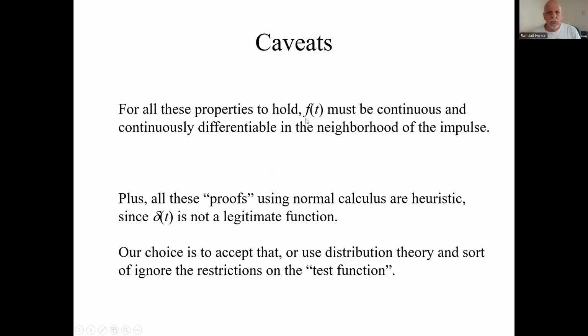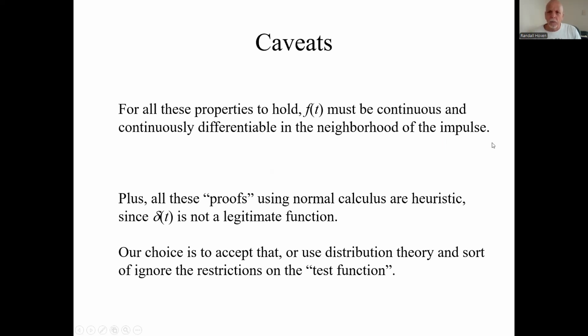But with those things, we didn't have to place a lot of restrictions on the function we're dealing with. Distribution theory would be the test function. It's at least got to be continuous and continuously differentiable in the neighborhood of the impulse.